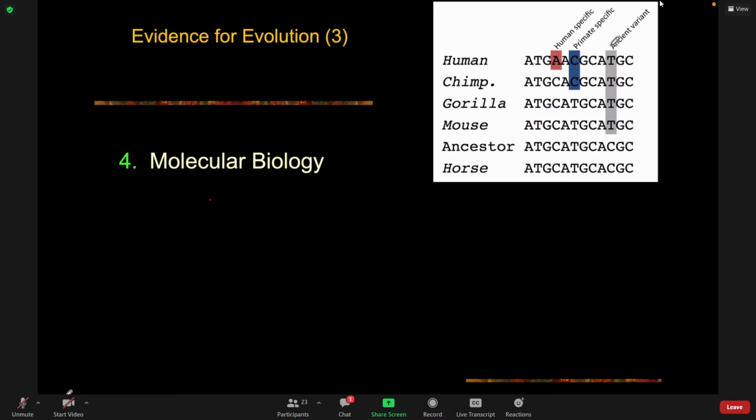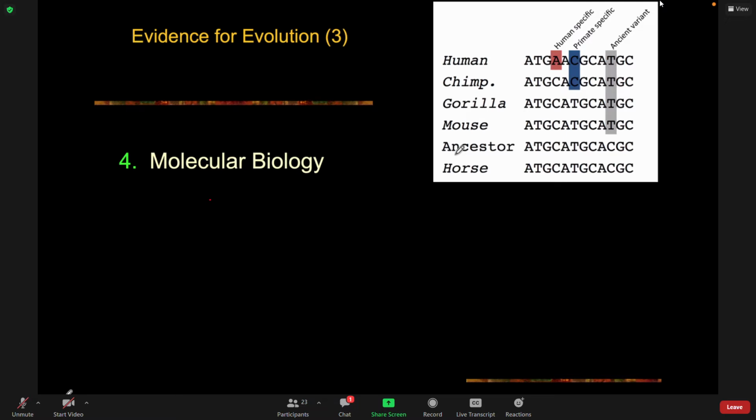So we see here that in mouse, gorilla, chimpanzee, and human, at one position they all have a thymine, whereas the ancestor has a C, and a horse, which belongs to a different branch of mammals, has this C.